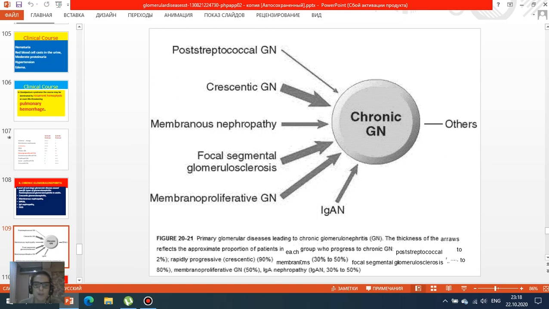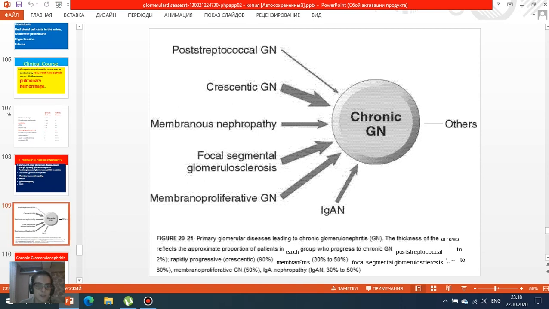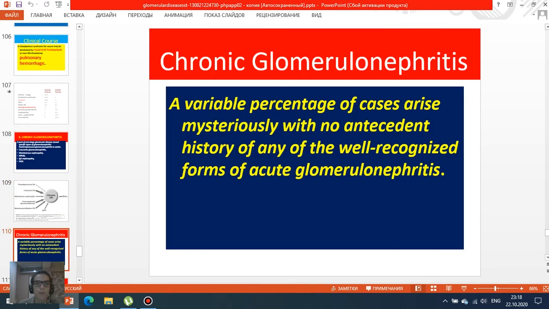Membranoproliferative glomerulonephritis about 15%, and IgA nephropathy about 13 to 15%. Other forms of glomerulonephritis are not very big percentages. A variable percentage of cases arise mysteriously with no antecedent history of any of the well-recognized forms of acute glomerulonephritis.